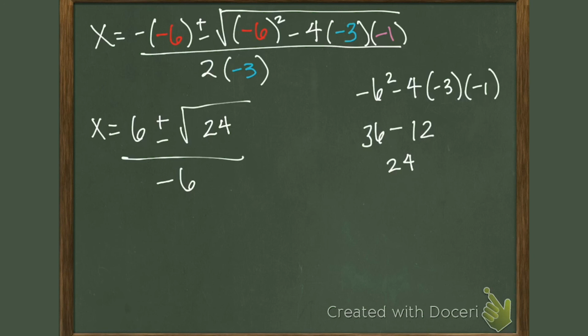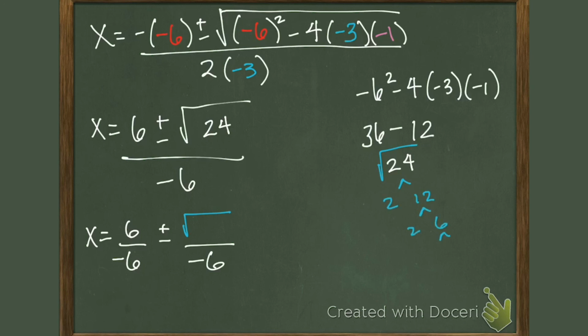Well, 24 is not a perfect square, but maybe it can simplify. I'm also just going to go ahead and rewrite my fractions so that I can cancel easier. So we're going to do the buddy system with 24. So it's 2 and 12, 2 and 6, 2 and 3.